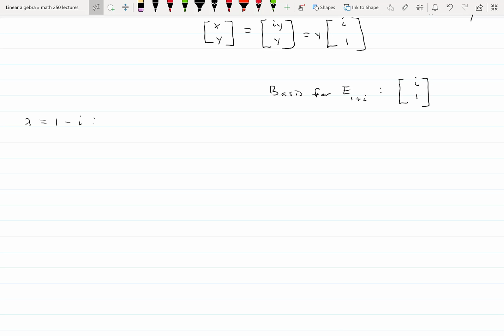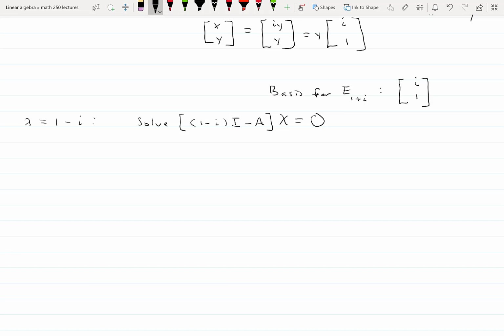So let's find the eigenvectors corresponding to 1 minus i. I want to go back to black. So solve (1 minus i) times capital I minus A, that's our coefficient matrix, times x equals 0.